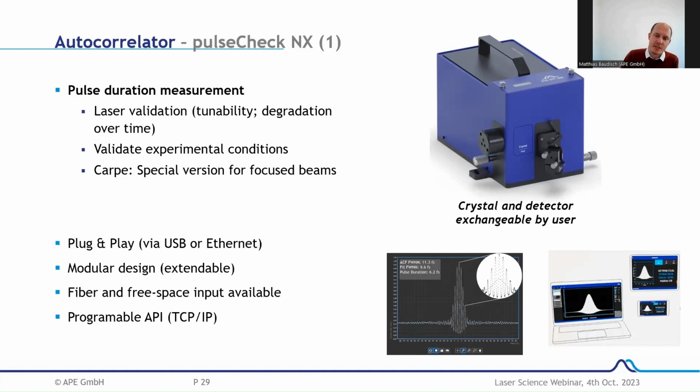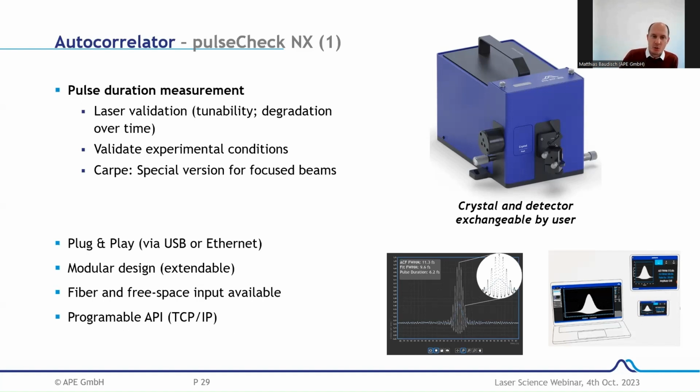And the other thing is that even if you have, say, a Sapphire amplifier or something like this, anytime some kind of compressor is involved in the scheme, there can be some degradation of alignment over time, so the actual pulse duration changes and gets slightly longer.